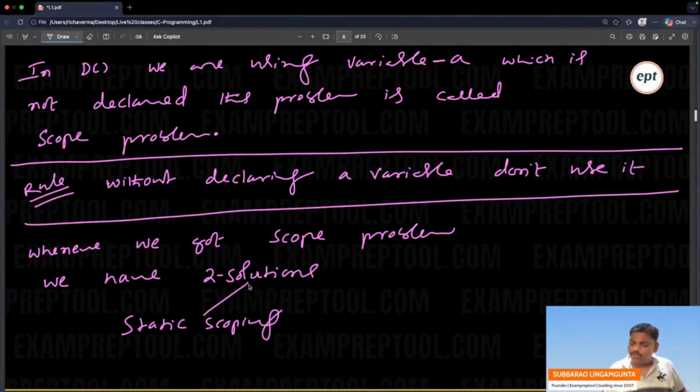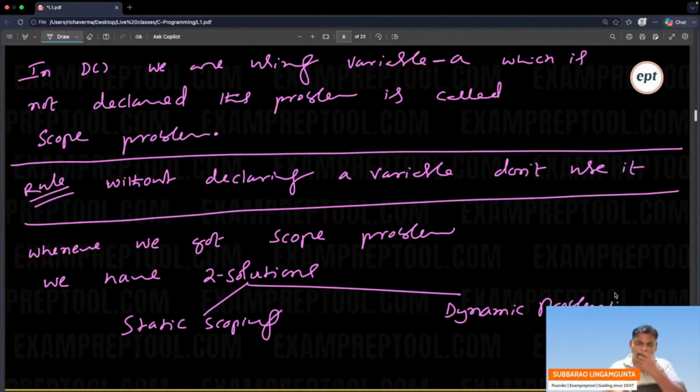One is static scoping, one is dynamic scoping. Actually, an error should come, but instead of an error, they found some better solutions. One is static scoping, another one is dynamic scoping.